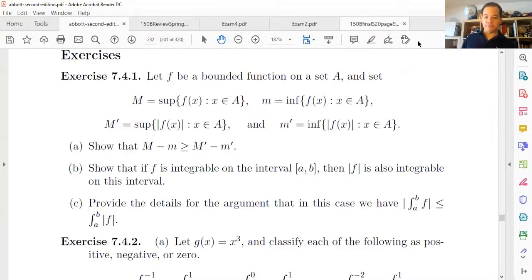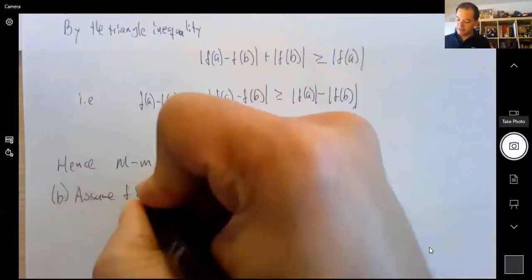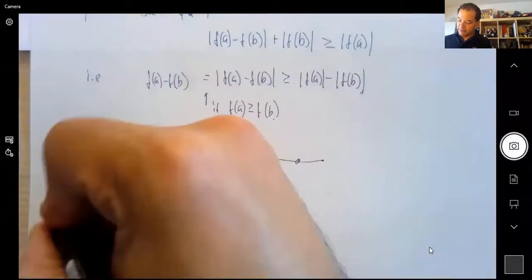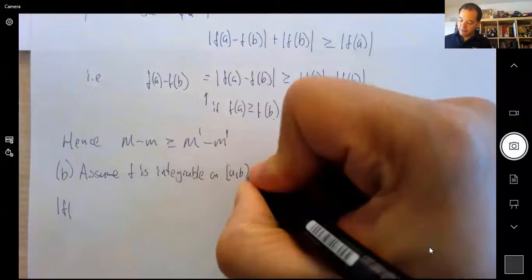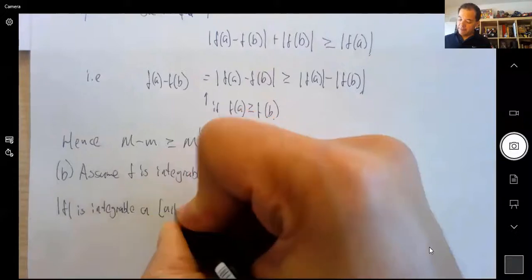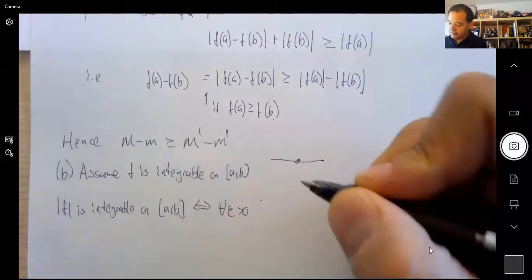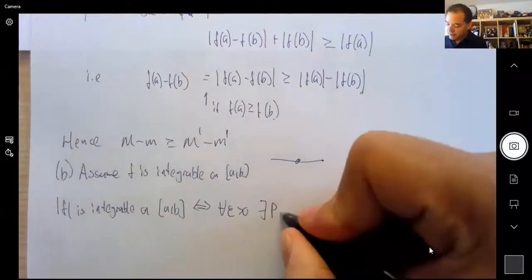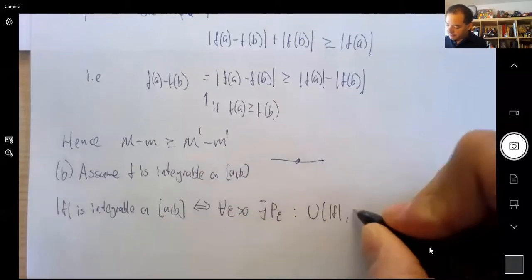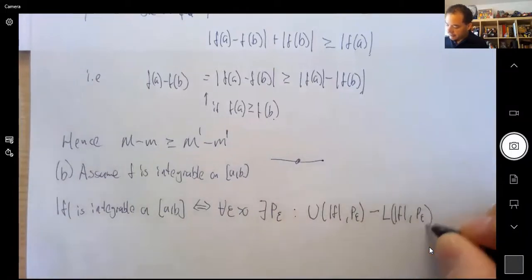So assume f is integrable. Then we know that the absolute value of f is integrable on the interval AB if and only if, using the integrability criterion, for every epsilon there exists some partition P epsilon such that the upper sum of the absolute value of f over P epsilon minus the lower sum of the absolute value of f over P epsilon is less than epsilon.